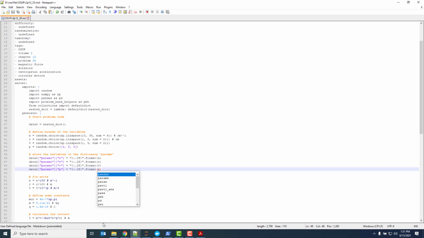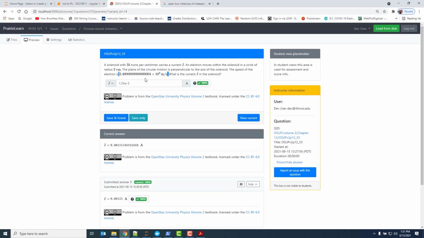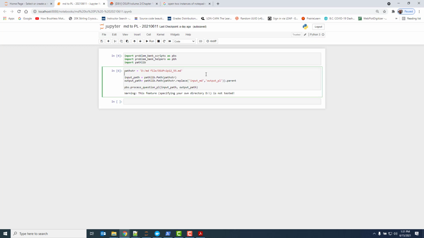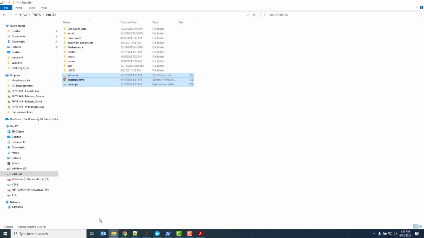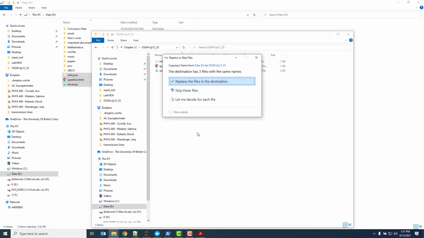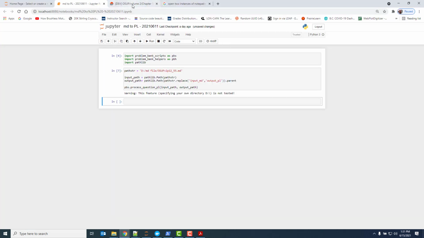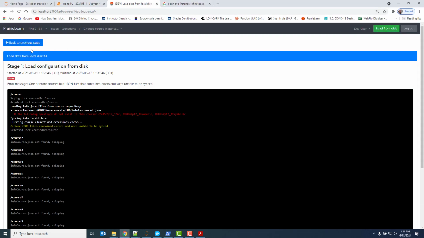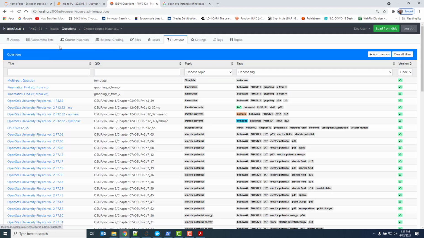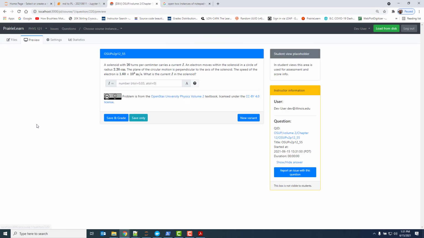So let's just save this. Let's reconvert our markdown file to the PrairieLearn files. We'll find those PrairieLearn files and move them into the right place. Let's update the question in PrairieLearn.